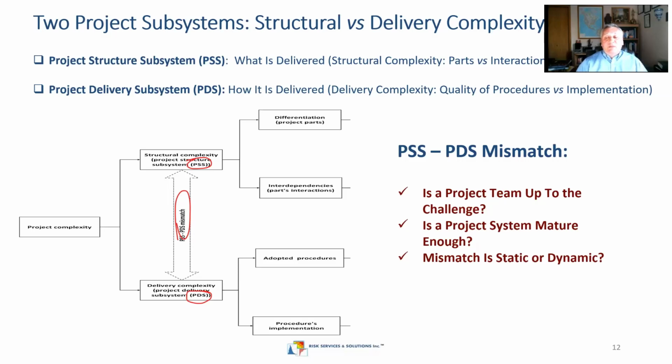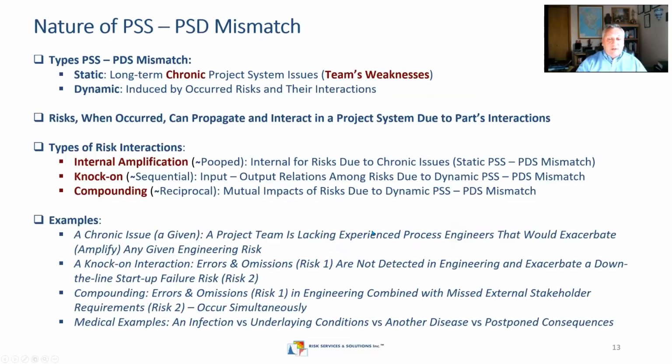And is the mismatch static or dynamic? Actually, it might be either. This mismatch could be static, and it relates to chronic project system issues, again, team's weaknesses. The dynamic part of this mismatch may happen when some risks occur and they start interacting. It's the dynamic part of the mismatch.